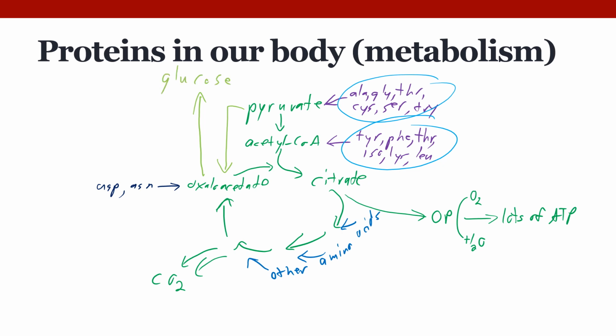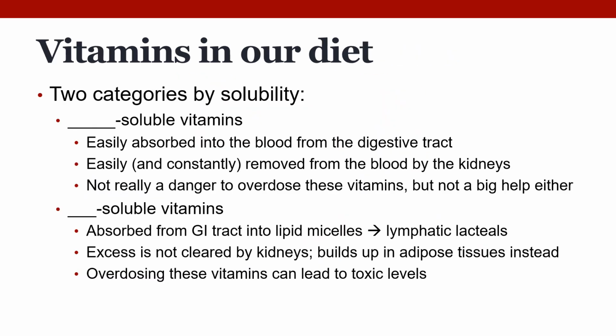So when your liver is trying to make glucose in a situation of carbohydrate starvation, it can often take any of these blue circled amino acids, not burn them, but convert them into substrates that can be used to make new glucose. So one of your body's responses to stress is not just to break down fat, but to actually break down proteins as well.